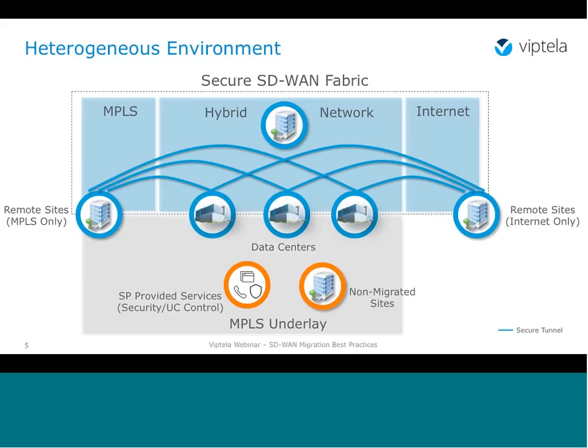So your way to communicate from the SD-WAN environment to this non-SD-WAN underlay environment is, again, to make use of data centers, in which case you can establish a BGP routing relationship between the PE and CE devices on the MPLS network, and extend the reachability from the SD-WAN fabric, be that the hybrid network, exclusive MPLS or exclusive internet, into the sites that have not yet migrated at all and are sitting only on the MPLS network without any SD-WAN awareness.